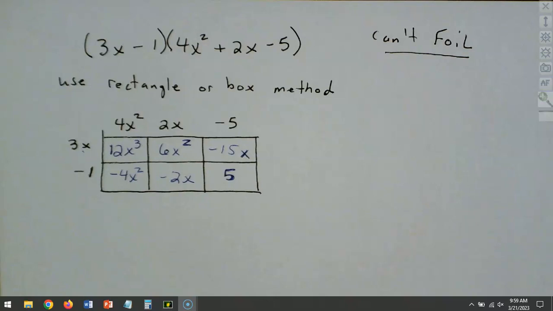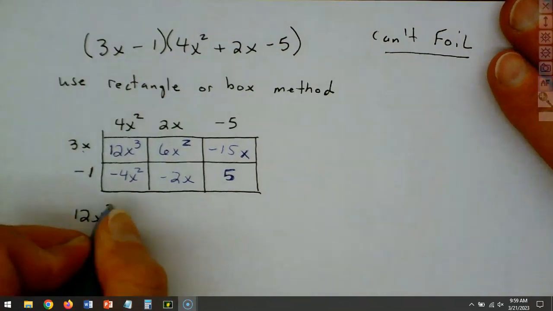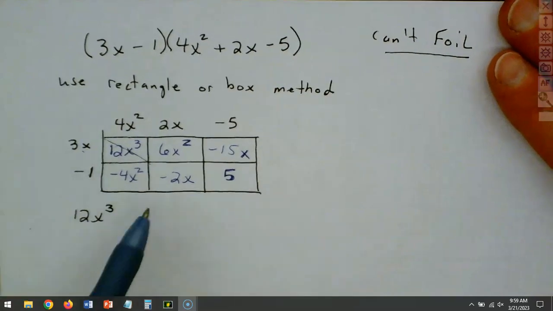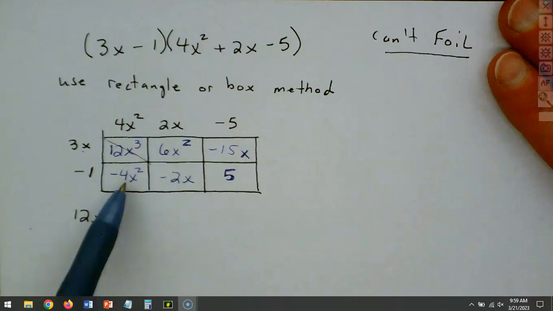We always start in the upper left-hand corner, and we see what can go together. So what we start with is a 12x cubed. So that's up here, so that's gone. Now, a lot of times the diagonals can go together. These are both x squareds.